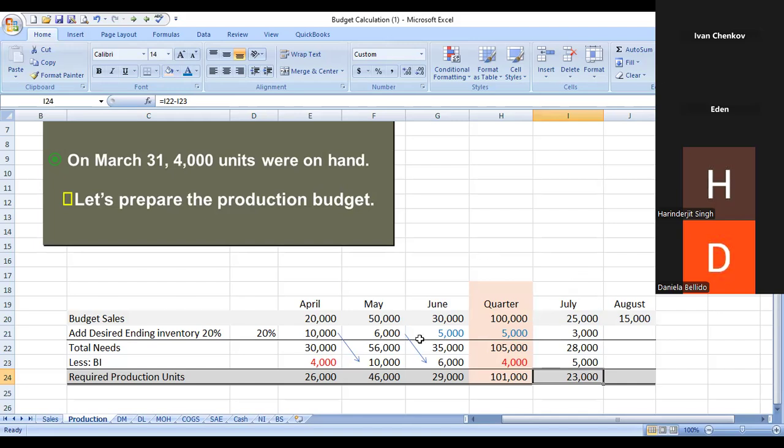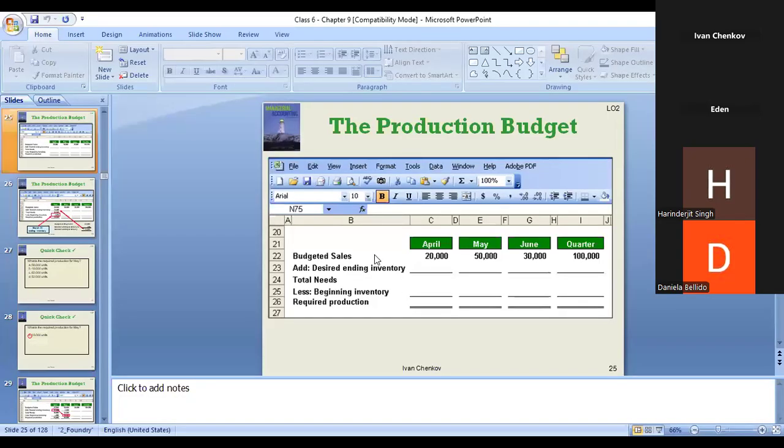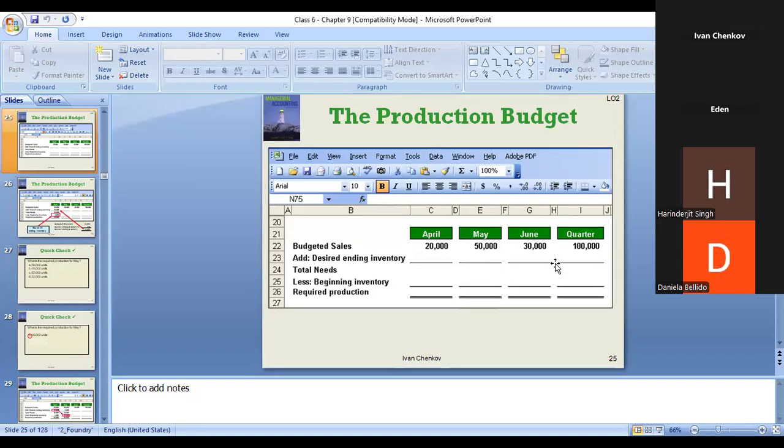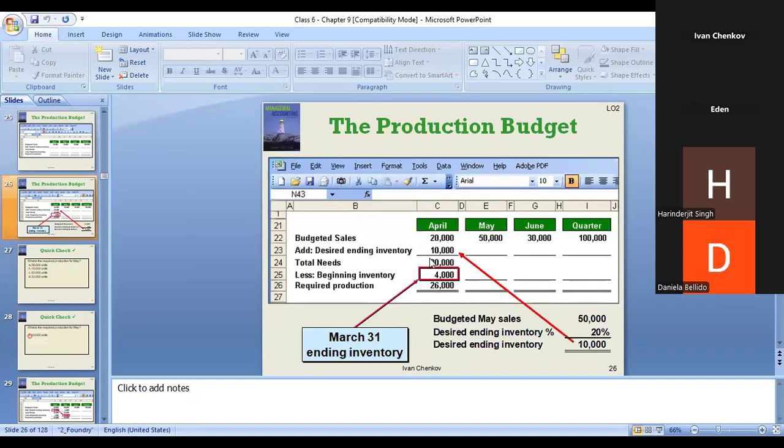Okay, that's our production. Let's go back to slides and see what's happened in the slides. Again, we're starting with the sales budgets. Then we start our calculation. We definitely need the sales for the month.